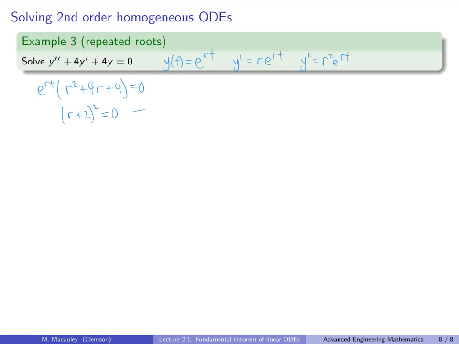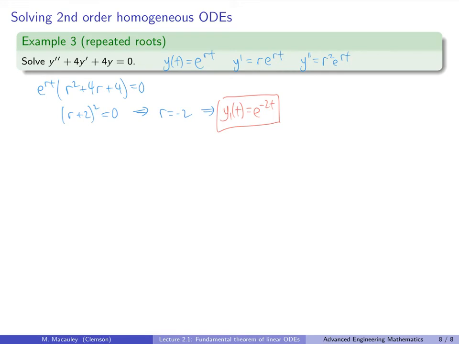And that means that r equals -2, so we have found a solution, namely y1 of t is e to the minus 2t. This is a solution. Unfortunately, this is a second order ODE, so the general solution is a two-dimensional vector space.